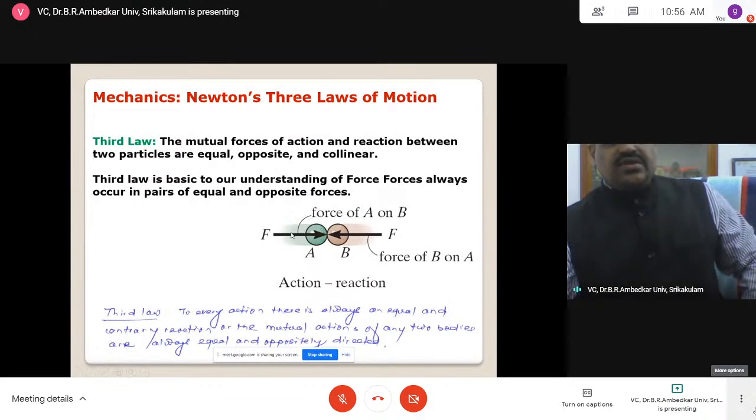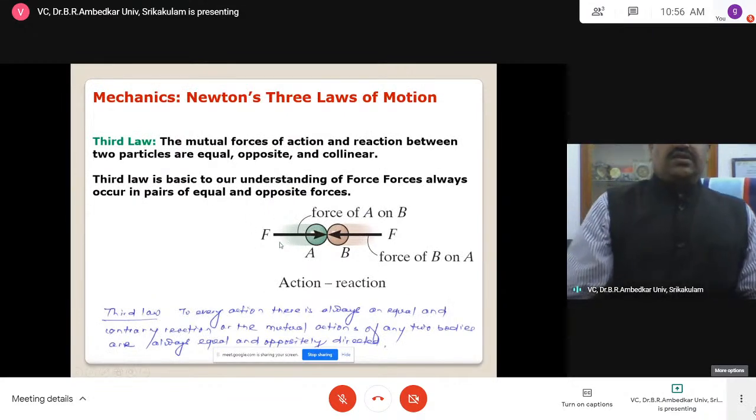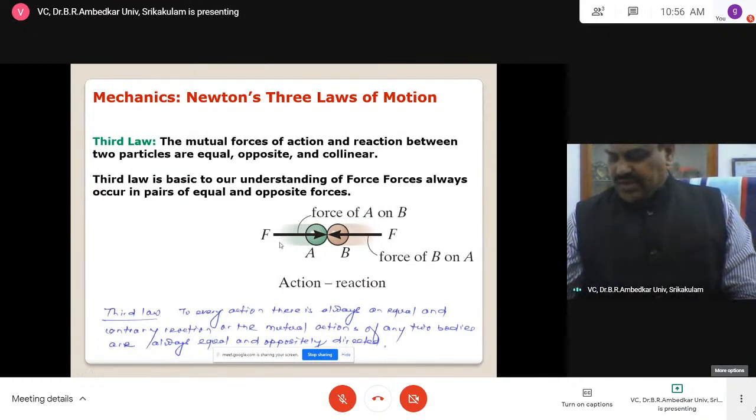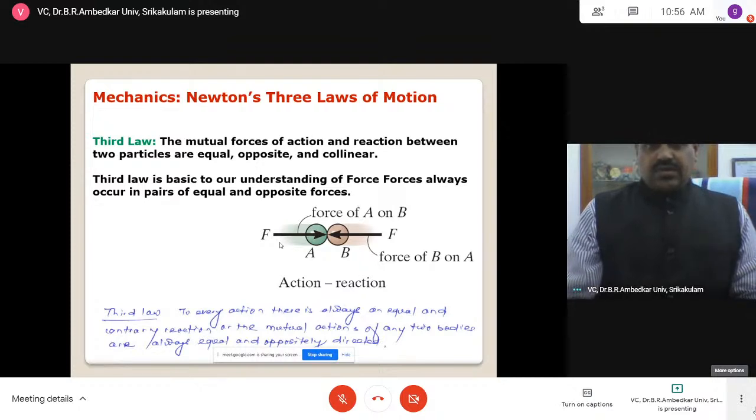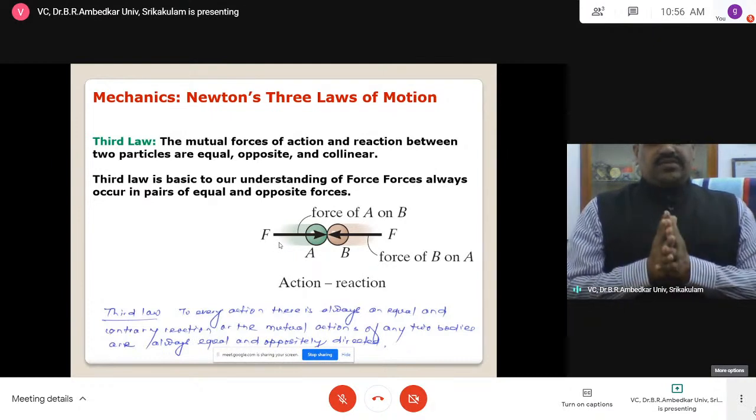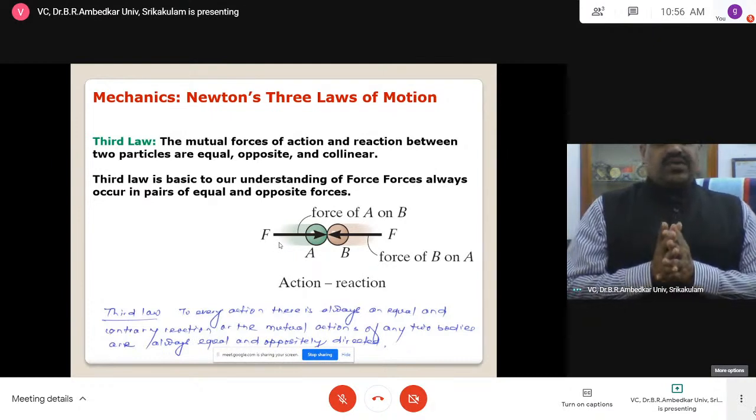Now let us consider, and the important point here is that the third law is valid for both statics as well as dynamics. The first law deals with only static systems. The second law deals with statics and dynamics. Obviously, by default, it is dynamic, but purely a dynamic principle. First law purely static, second law purely dynamics.